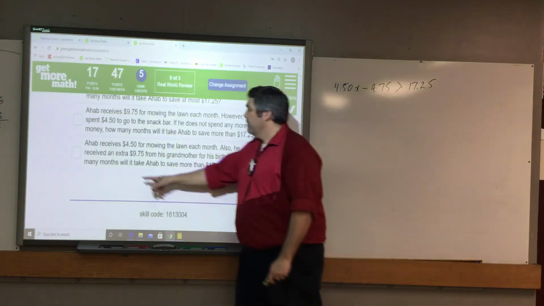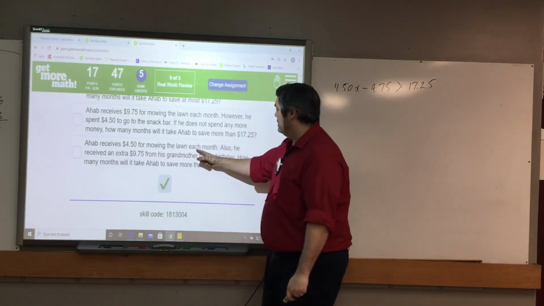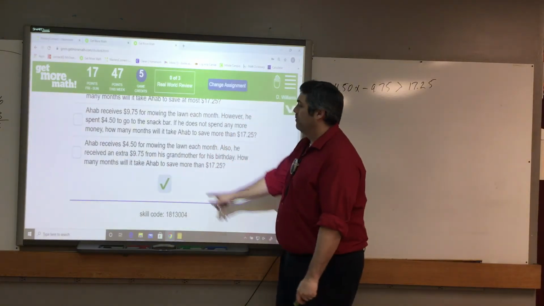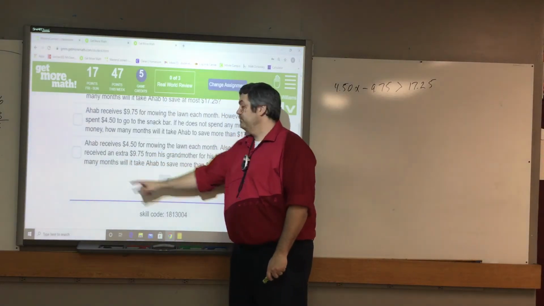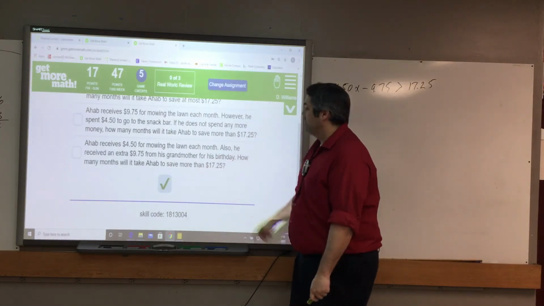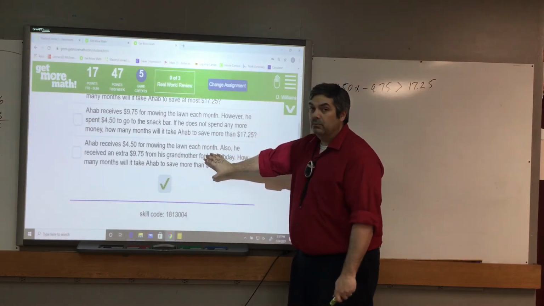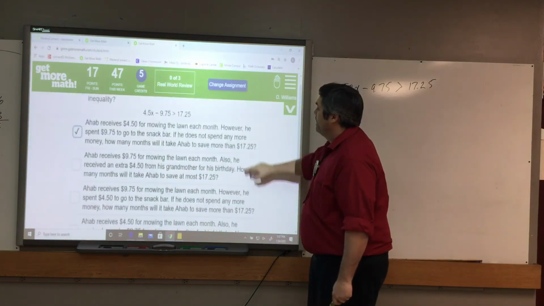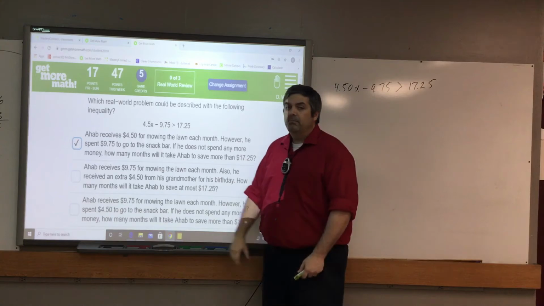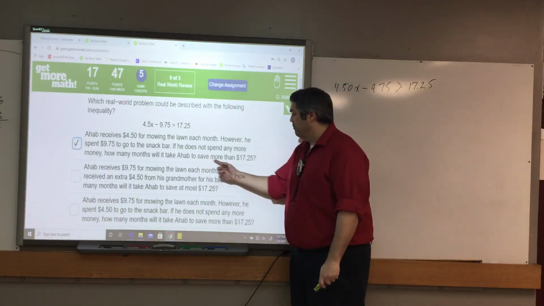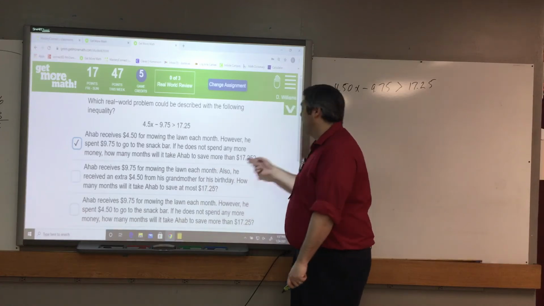Okay, here they have received $4.50 for mowing lawn each month. Also, he received an extra $9.75. Oh, added $9.75 there. How many months will it take to save more than 17.25? So the only thing wrong with this one is they added 9.75 instead of subtracting. Now look, this is an inequality, but if this was an equation, instead of saying to save more than, it would say to save 17.25.